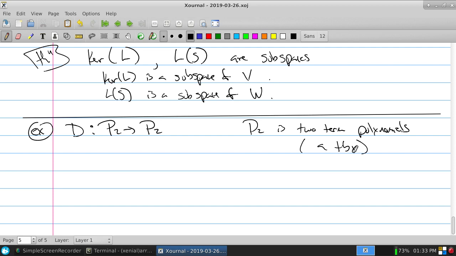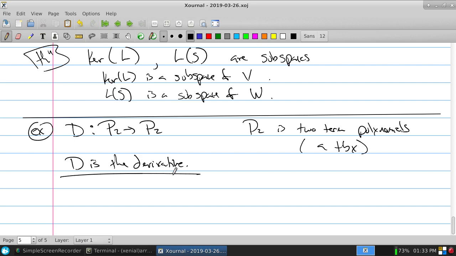Except now what I'm going to do is say that D is the derivative. So this is a mapping. What's it going to do? A polynomial comes in, I take its derivative, that's what comes out.